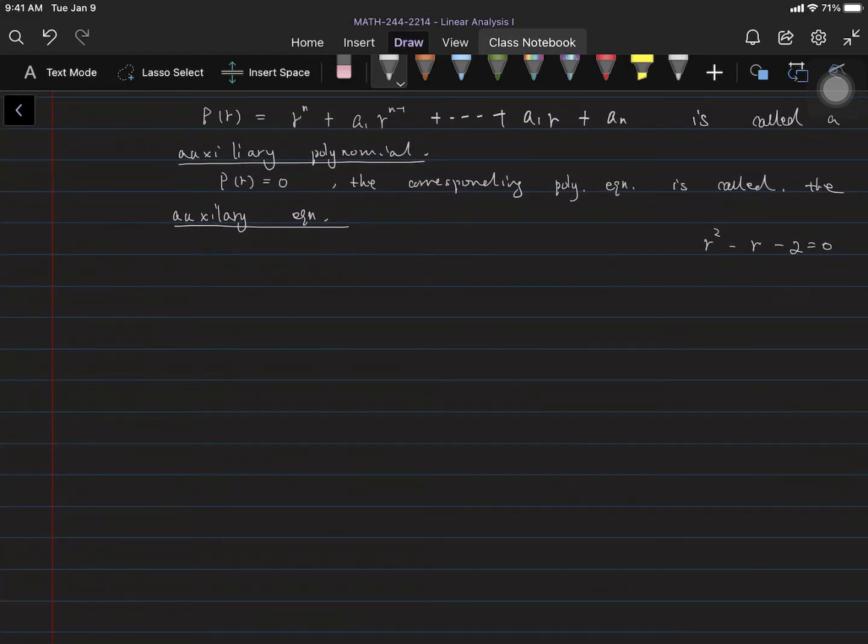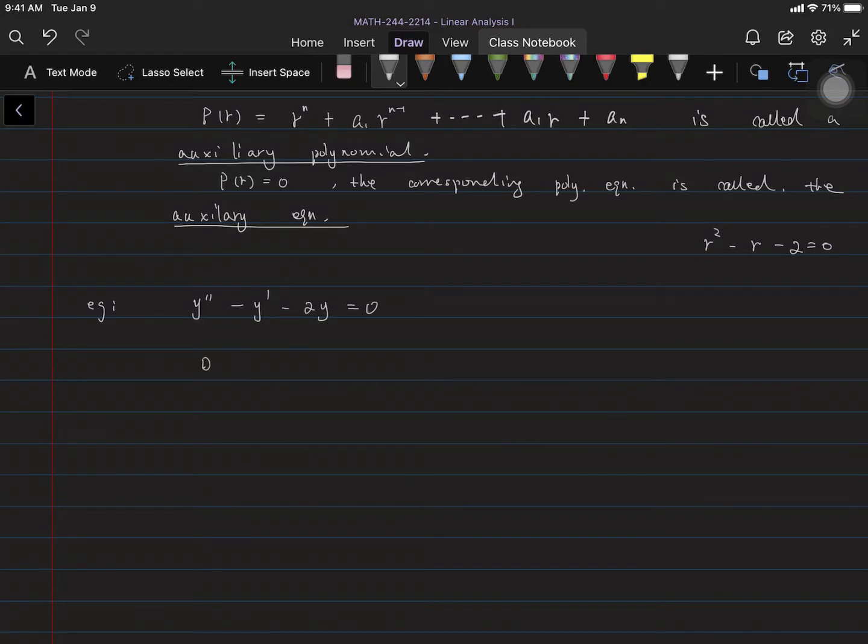Before I give you the theorem, we can take a look at one example. This is a differential equation of order 2 and it's homogeneous, right? We want to write this in operator form.